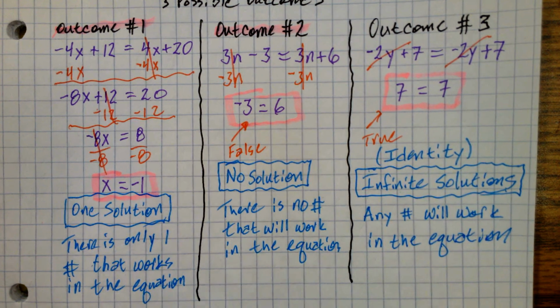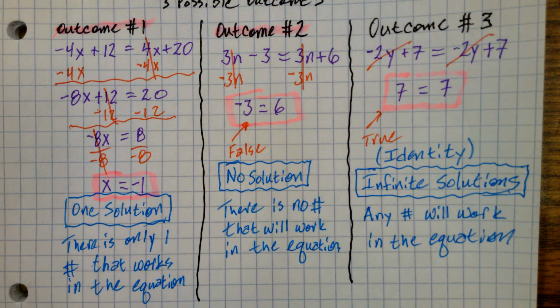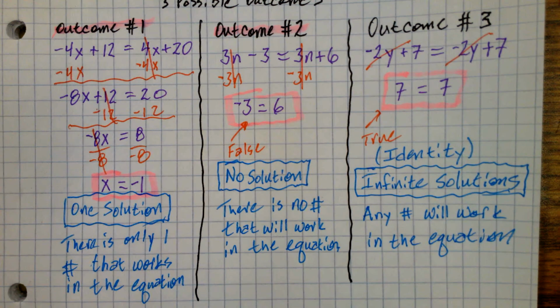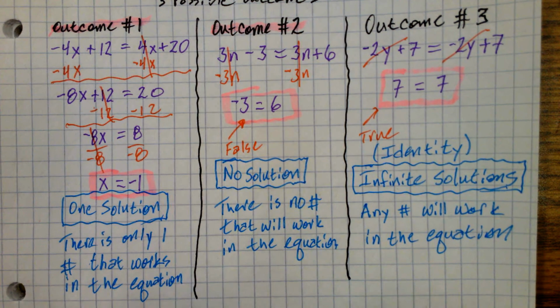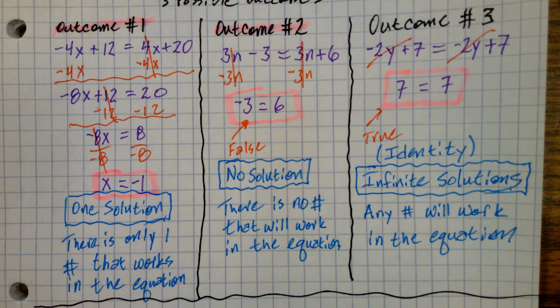Now, these last two outcomes are very rare. They don't happen too much, but they happen. So we're going to explore that today and tomorrow. Any questions? Okay, so we're just going to do two more examples, a little more along the lines of what you'll see on today's assignment. Okay, so let's do it.